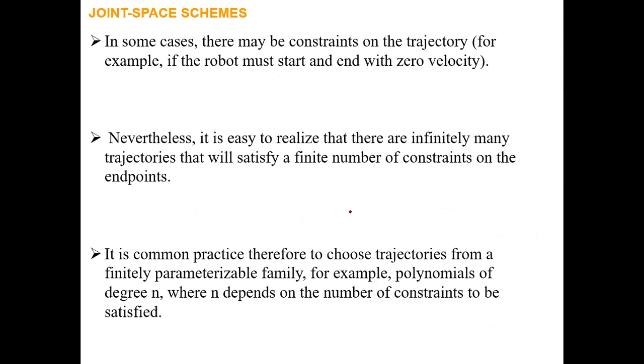Now the thing is, when you plan the trajectory, there may be some constraints that you have to take into account. For instance, you can have a constraint like this: my robot must start and end with 0 velocity. If that is the constraint, then how do you plan the trajectory?